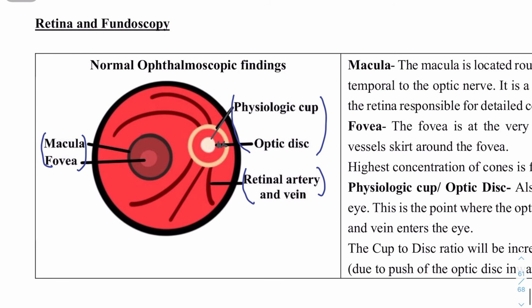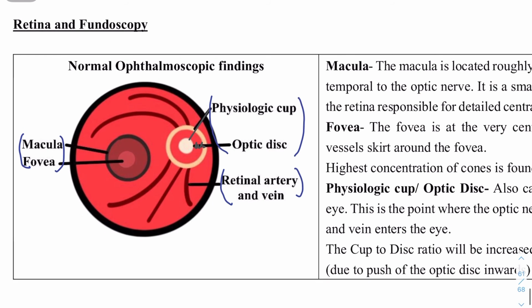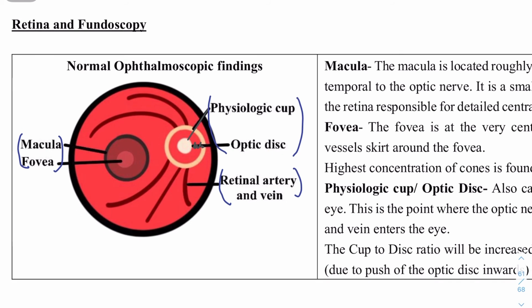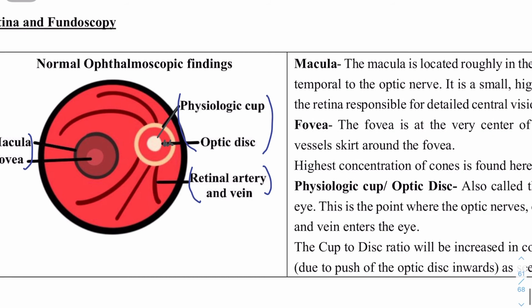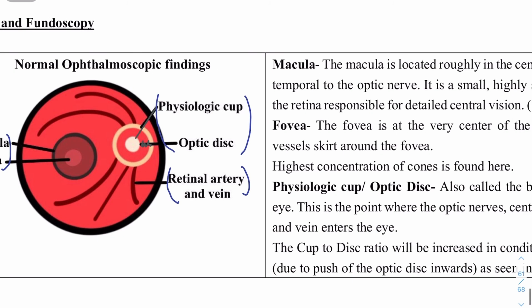Let's take a look at these individually. So the macula, like we said before, is involved in central vision. The fovea is in the middle of the macula. You can see that here. It is present as a lighter structure in the middle of the macula. Now the macula appears darker. Then we have the optic disc, and in the middle of it we have the optic cup.